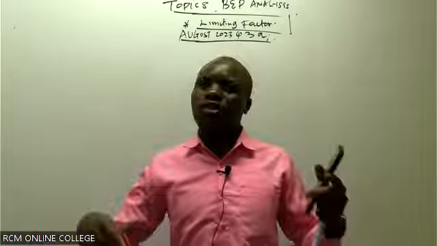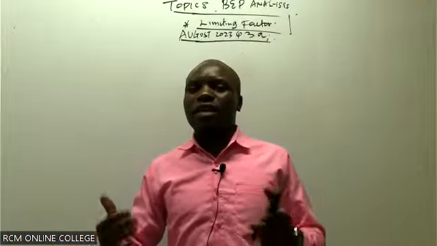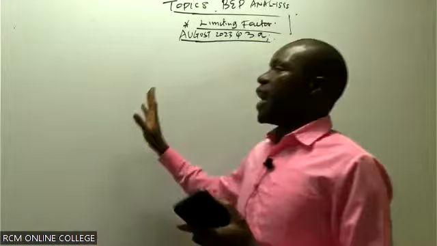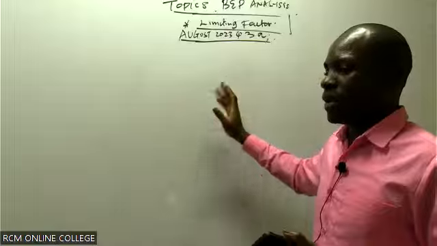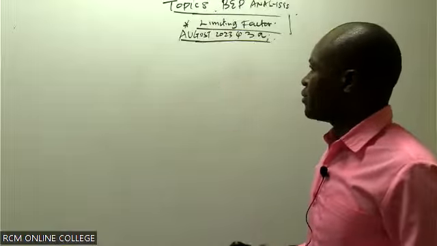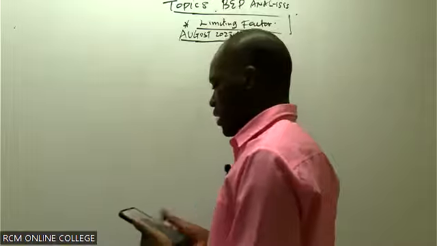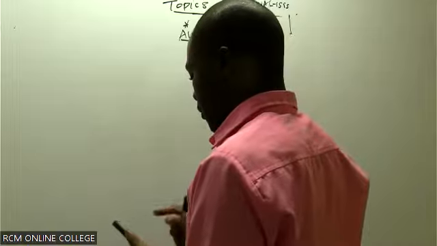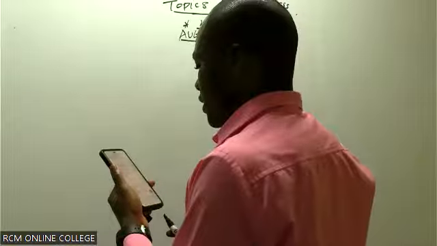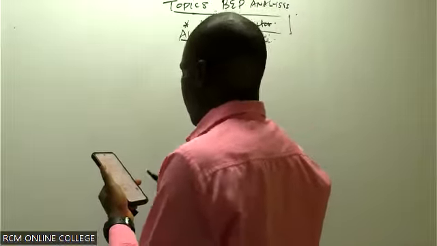You can frame it in your own language, but basically we are going to be able to see how the limiting factor operates. So having done that, as you can see here, we have these 3 services being offered.